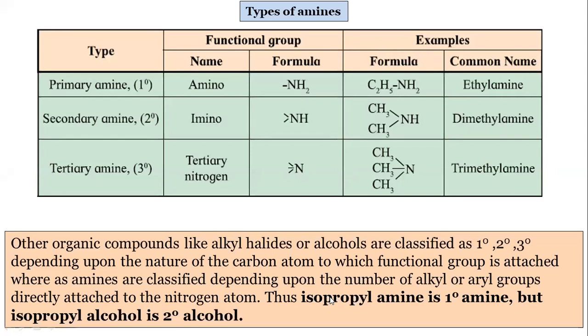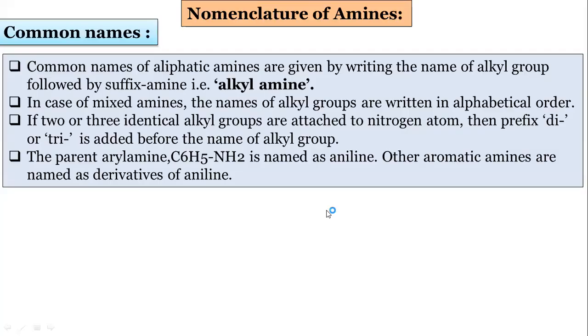In the case of isopropyl alcohol, the carbon is secondary. But in the case of isopropylamine, when the NH2 group is attached, the amine becomes primary. Remember, whenever the NH2 group is there, it is always a primary amine. When NH is there, it is always a secondary amine, and when only nitrogen is there, it is always a tertiary amine. So don't confuse amines and alcohols.